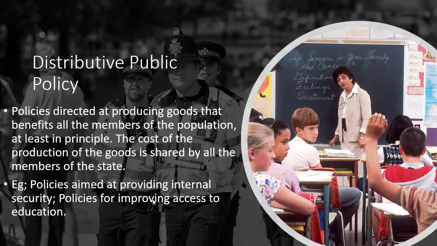For government to provide internal security, it needs money, which comes from the taxes that we pay. So basically, we are all contributing to the security by paying taxes. And you realize that the internal security that we enjoy is enjoyed by everybody. A policy like this, which is directed at securing everybody within the state, is a distributive public policy.